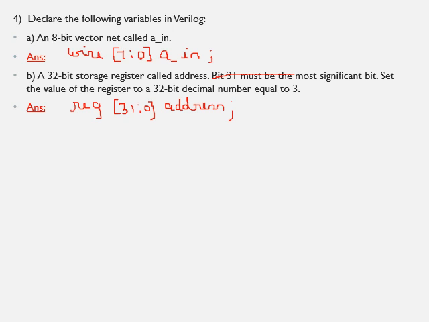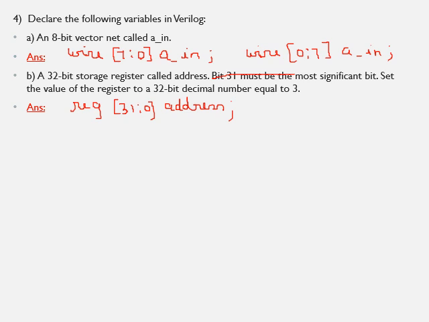In the previous question there are no conditions mentioned, so you can declare a_in as [7:0], or you could also have declared it as wire [0:7] a_in.